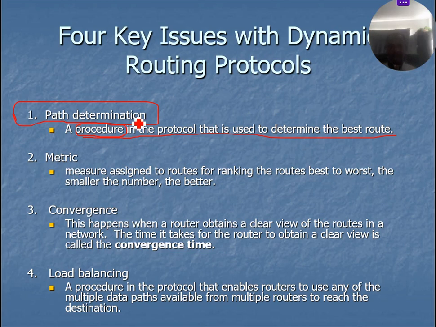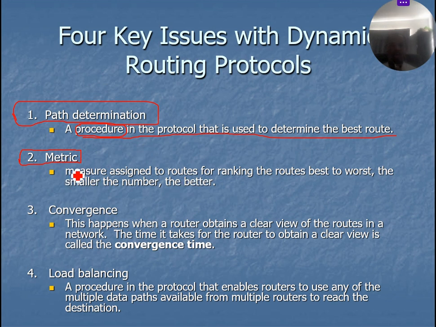Then the second key issue we need to look at in dynamic routing protocols is called the metric. Metric is very important because it helps us to select the best route from the best to the worst, itemizing the routing options and ranking them from the best route to the worst route.